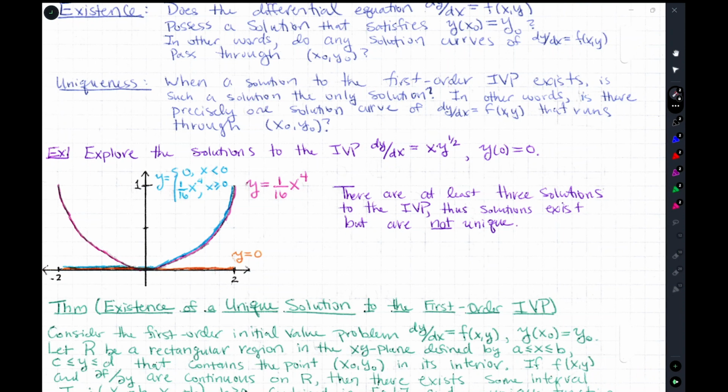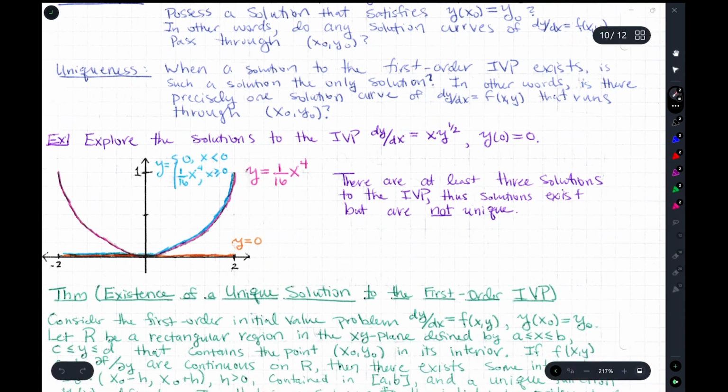So let's explore the solutions to the initial value problem that we see here. Now we've spent some time on this differential equation to really go deep into differential equations. And we see different solution curves. So we have the pink there, that's y equals 1/16 x to the fourth.